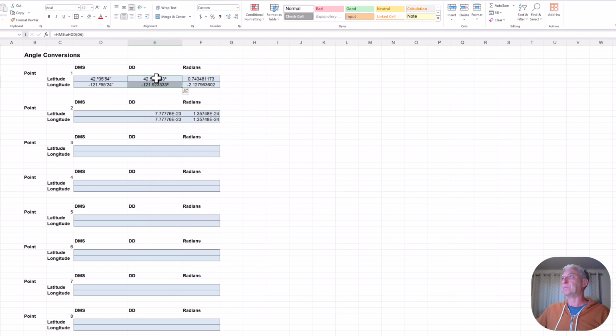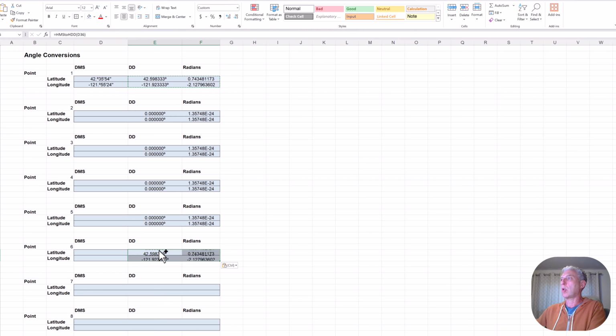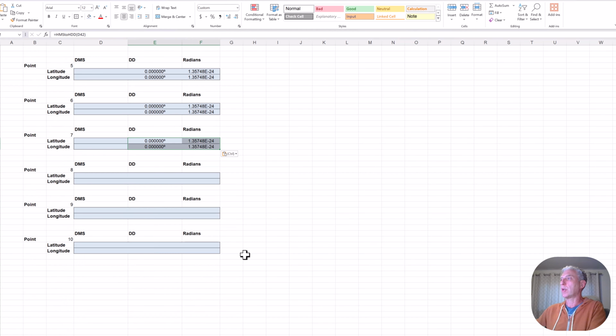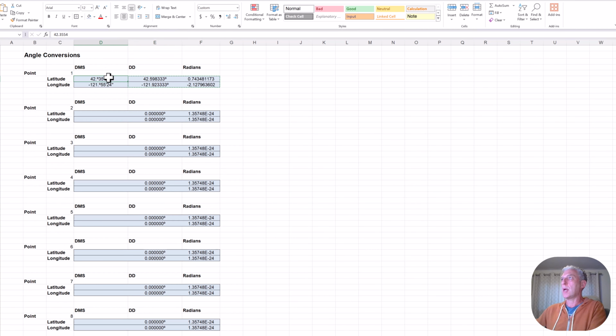There we go. So now I'm just going to copy that and paste them so that whatever I type into those latitude and longitude DMS columns is going to be converted, because I'm just pasting all these functions. And another thing you can do is, I don't want to go to each cell and go to the custom format to format those cells for DMS.